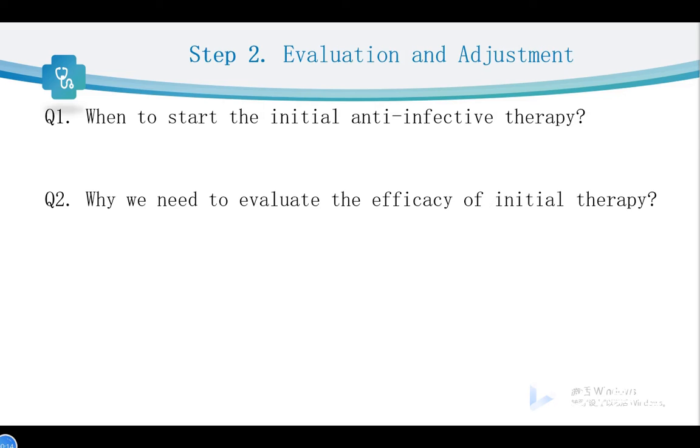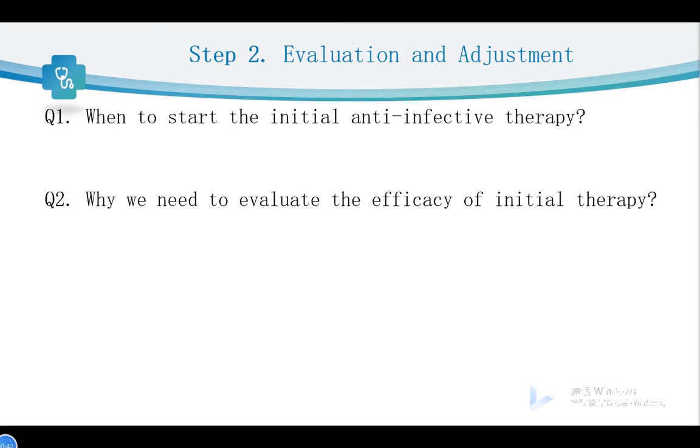A. To start initial anti-infective therapy as early as possible. B. To start therapy after we get the results of the sputum culture and blood culture. Which choice will you choose? A or B?